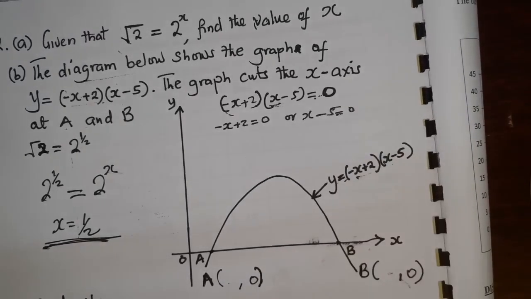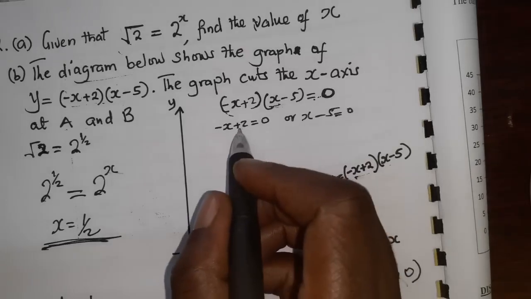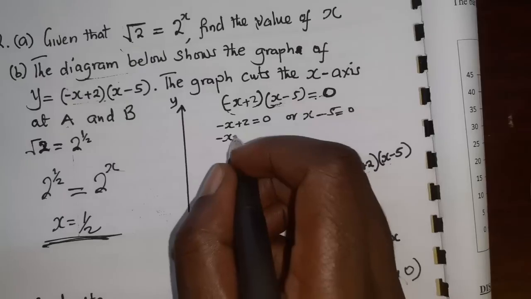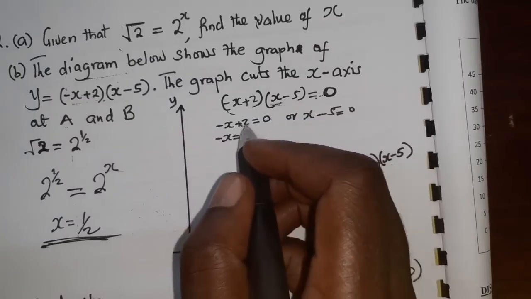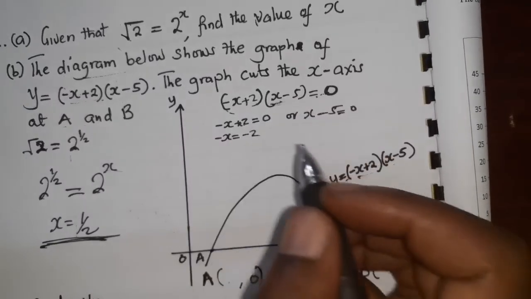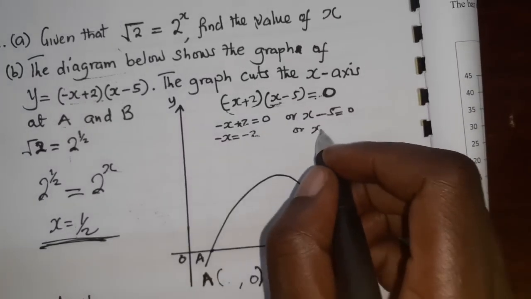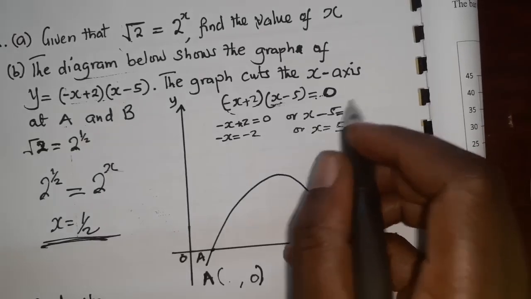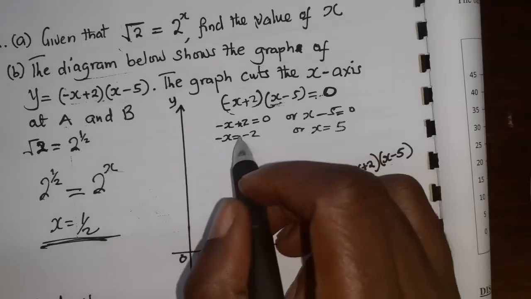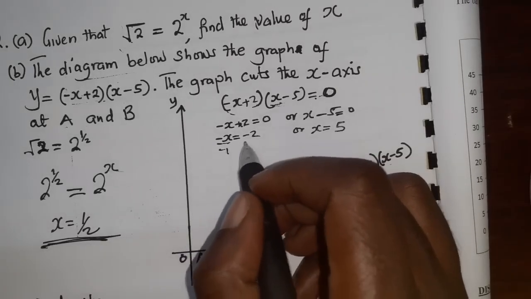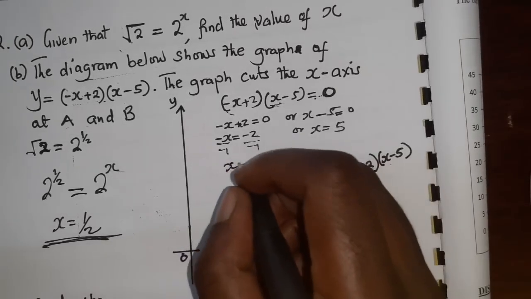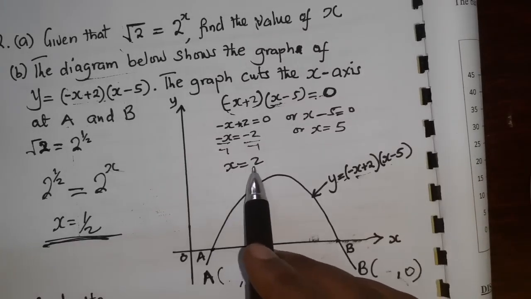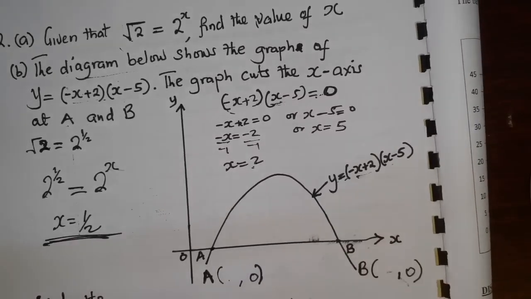So when you solve this, for instance, if you start with this one, when 2 goes the other side, it will be negative 2. And this one will be positive 5 when it comes here. Then here you divide by negative 1 by negative 1, so you have x is equals to 2 and x is equals to 5.